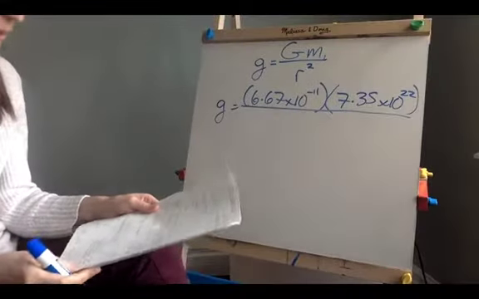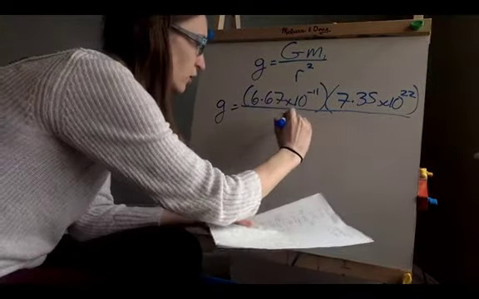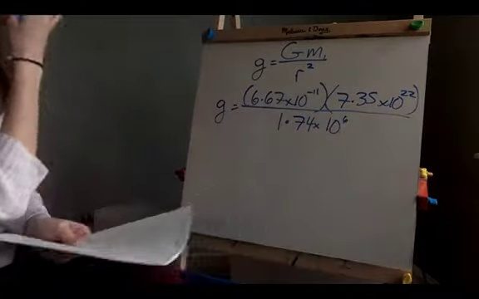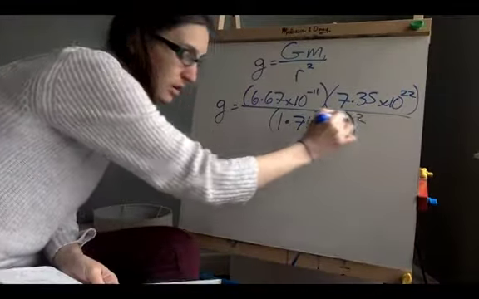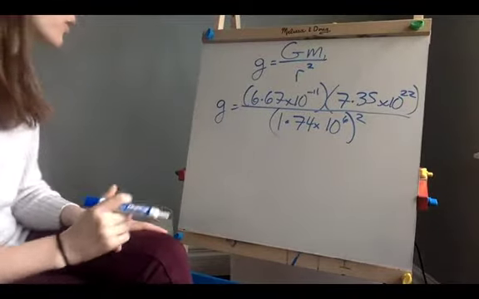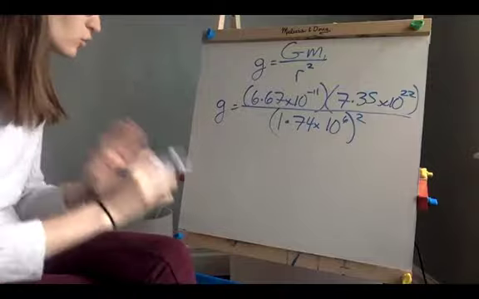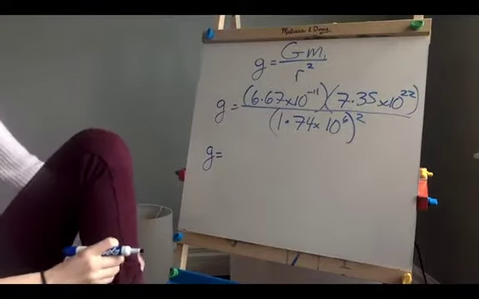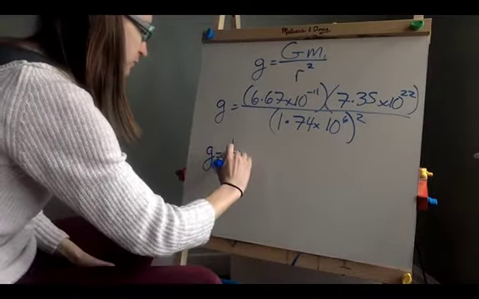And we divide that by the radius of the moon, which again we can look up and have as 1.74 times 10 to the 6, and that is squared. You plug all that in super carefully with your calculators, doing whatever process works for you, and you end up getting a value of 1.62.